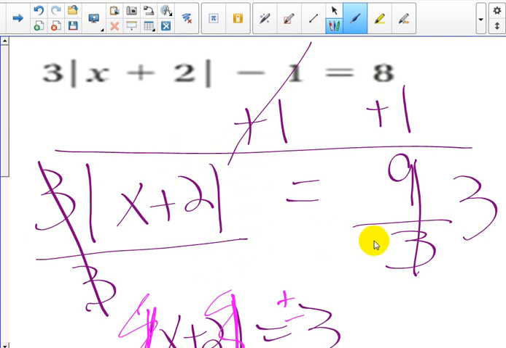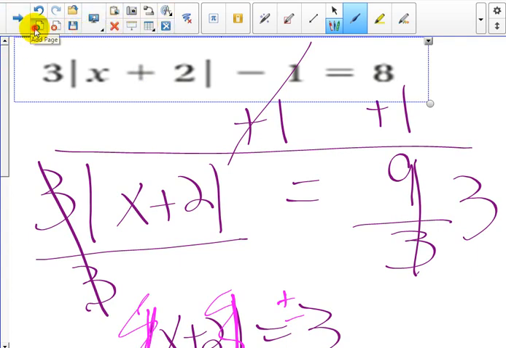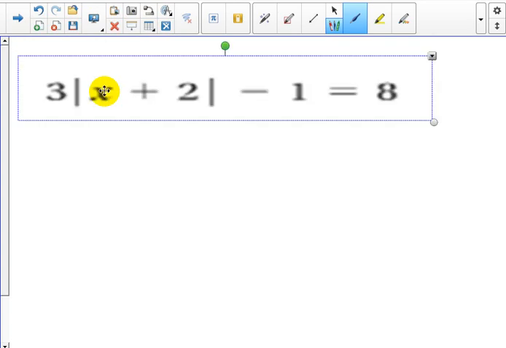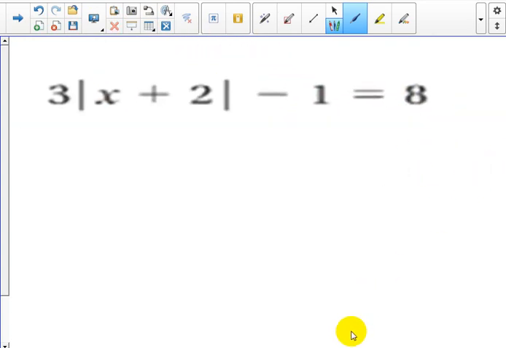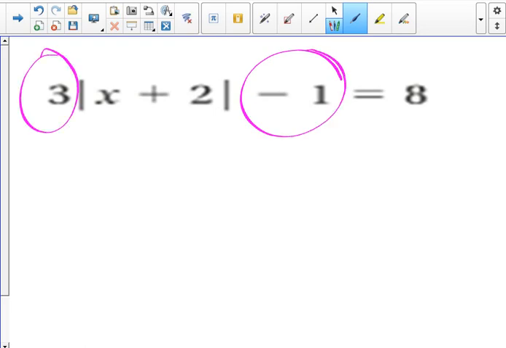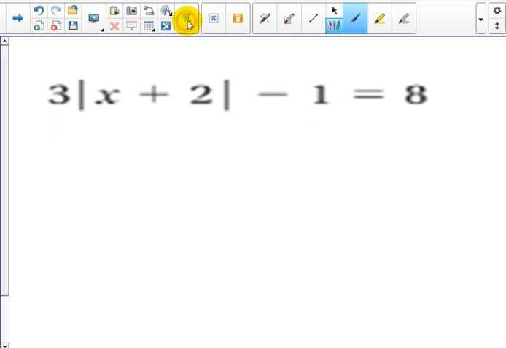Well, it wouldn't be mathematically correct, and here's why. Let me show you. This is actually a whole other lesson. So the question was, why did we do this first and not second? Why didn't we get rid of the 3 first?